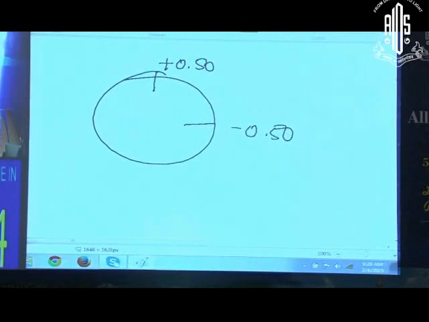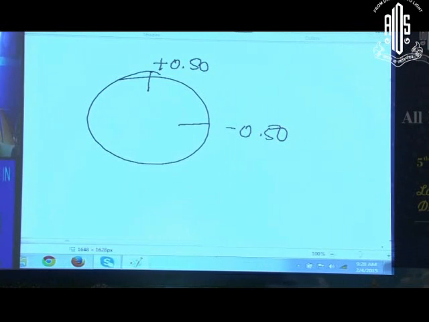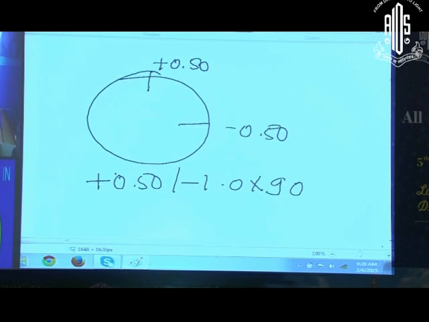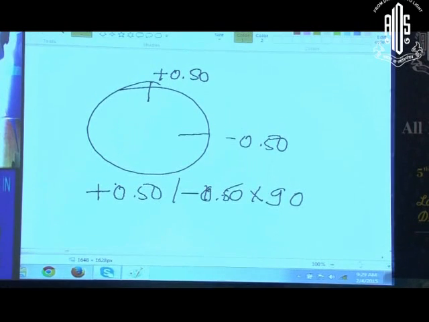If you want to write a prescription and make a cross cylinder yourself, you just write a cylinder in such a way that it will be plus 0.5, minus 0.5, 90. So this will be the thing.